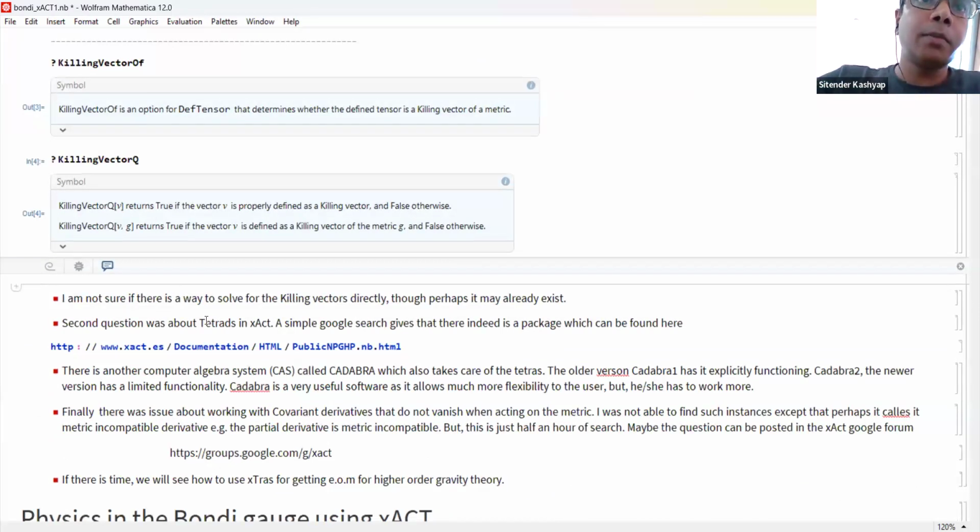The second question was about tetrads in xAct. And here there indeed is a package called, but other than Mathematica, there is another computer algebra system called Cadabra, and that takes care of tetrads.